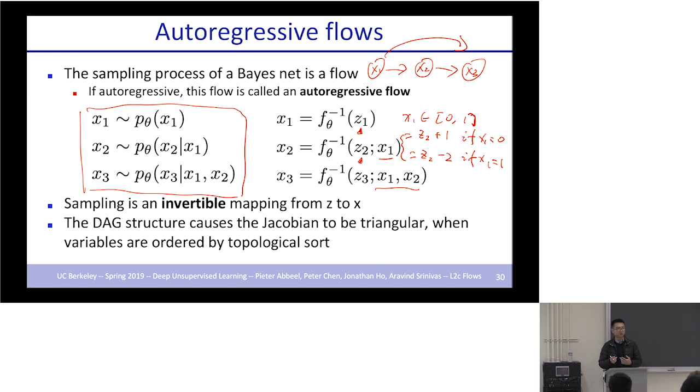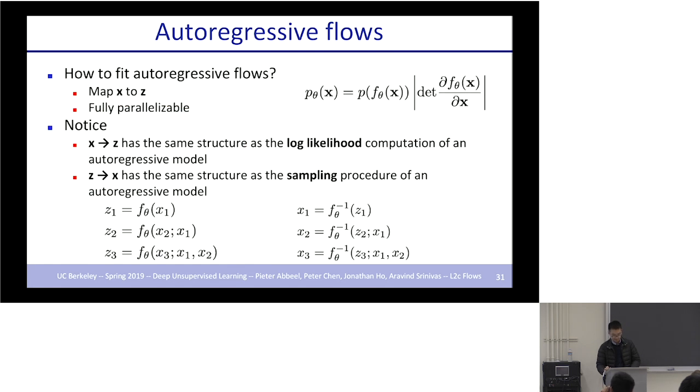So this would be called an autoregressive flow. And by construction, because each of the f that we choose here is an invertible function, it would be trivial to invert this thing. And we will show it in the next slide.